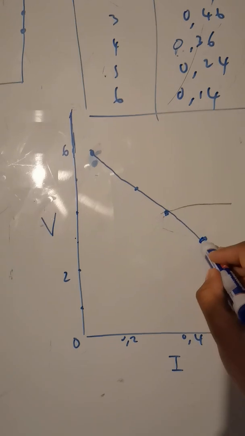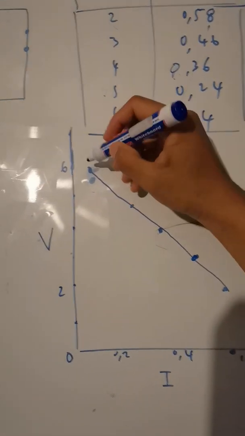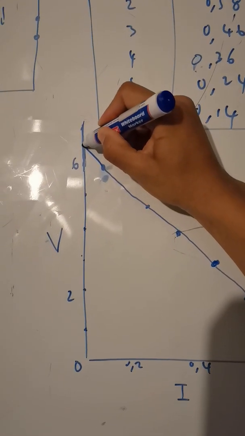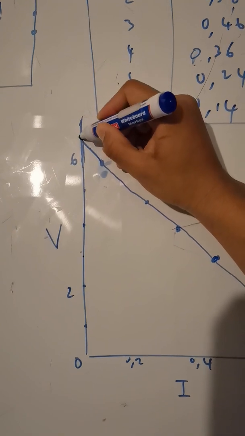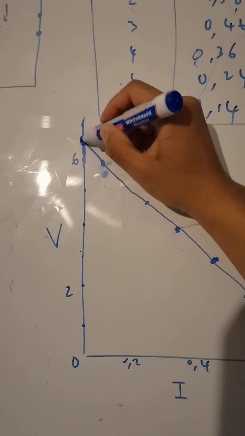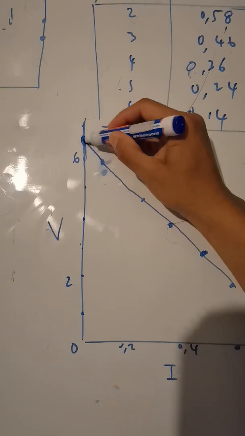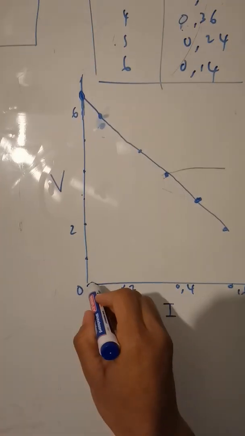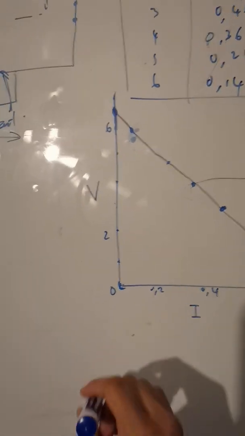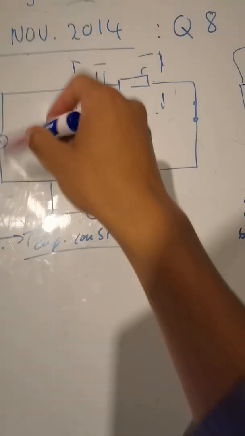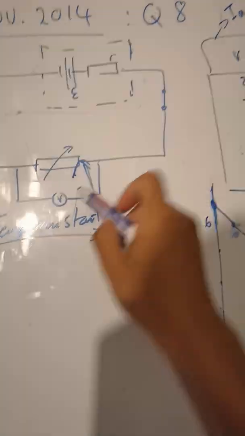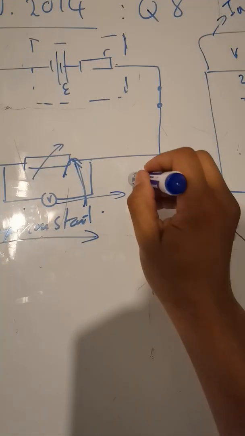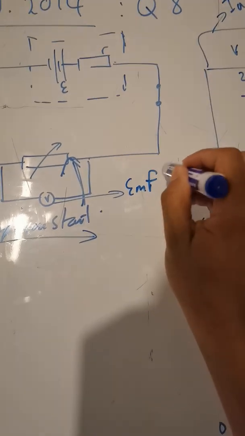If you extend the graph towards the y-axis, do you see that at this specific point, there's no current? If there's no current flowing in the circuit, the voltmeter is going to read the EMF.